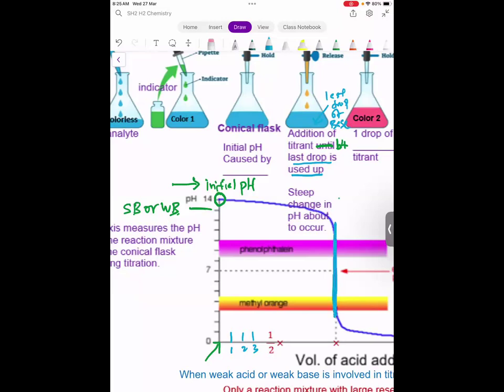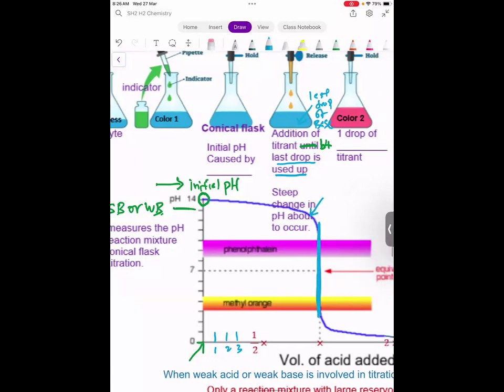As long as you have one last drop of OH minus in your mixture, it should still stay in the alkaline region. But the moment the last drop of OH minus is used up, it will undergo a drastic change.